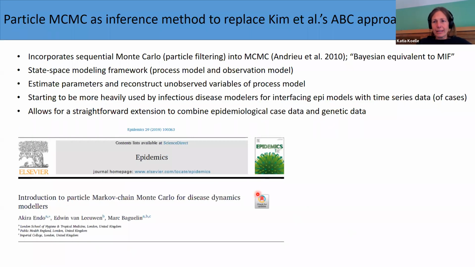So we were interested in this, but even though I've used ABC, I'm more partial towards likelihood-based phylodynamic inference. So we'd been thinking, maybe we can swap out the ABC portion of the Kim et al. approach, using Tajima's D, and incorporate it within a particle MCMC inference framework.